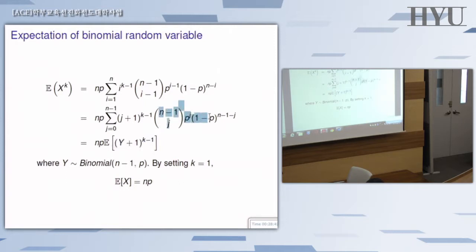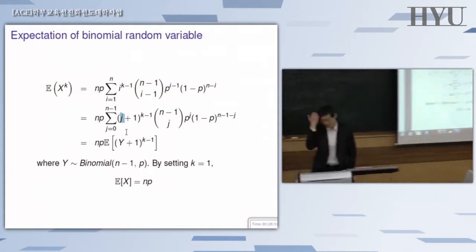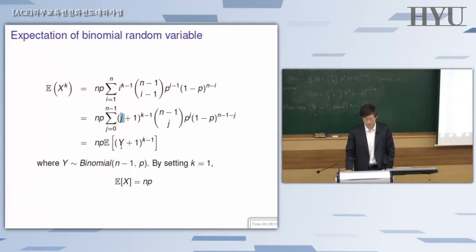So that's the probability mass function of Y, which is indeed the same command of j plus 1 to k minus 1. But since this j is a dummy, it could be Y or X. If you simply replace it by little y, that's just the expectation of Y plus 1 to the power of k minus 1. So it's again the application of the proposition.